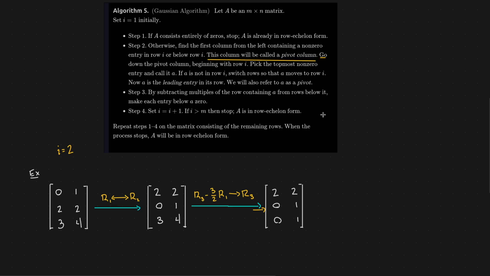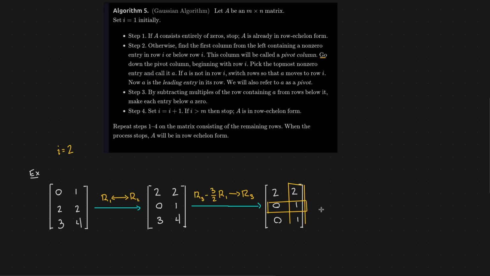Go down the pivot column beginning with row I. So this is row I. This is my pivot column. So I'm going to go down beginning with row I and pick the topmost non-zero entry.